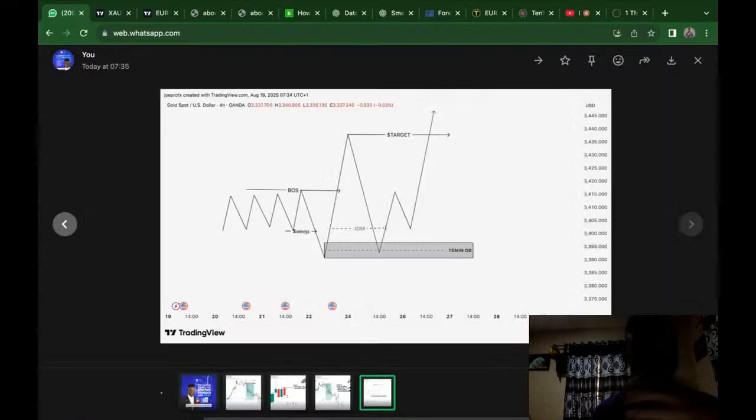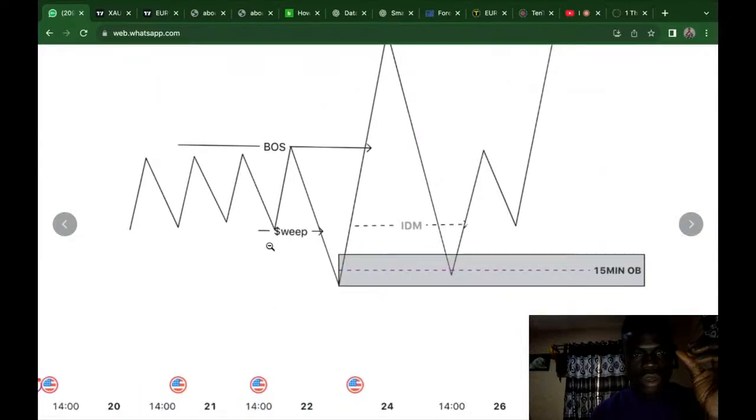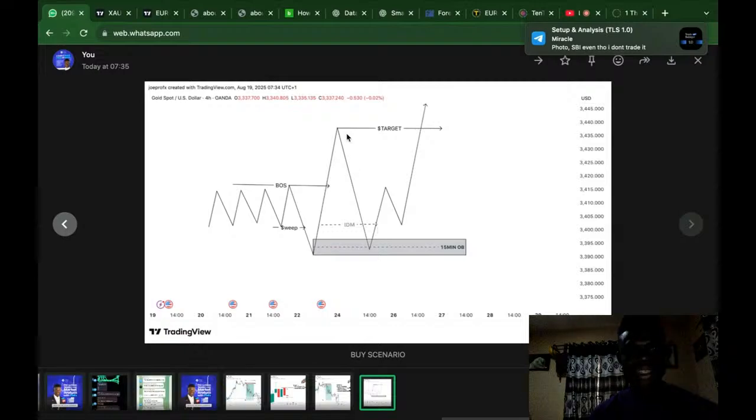So we want to expect to see a sweep, a break of structure, price retracing back into the order block. Okay, then targets the high.